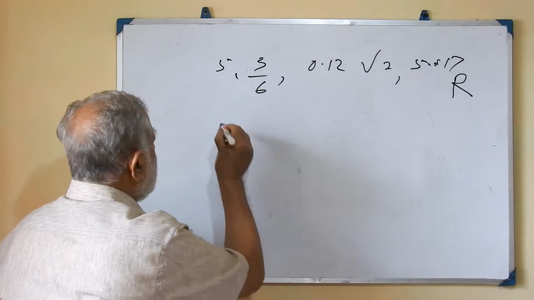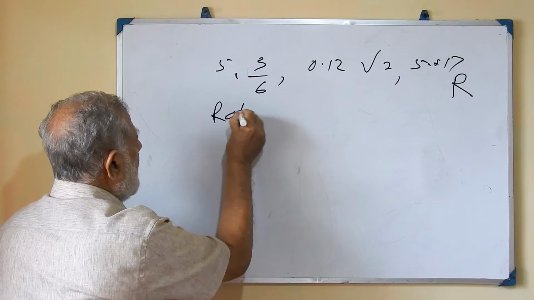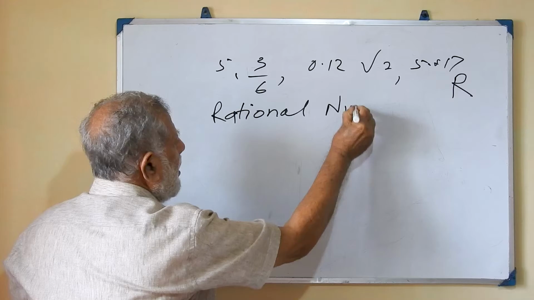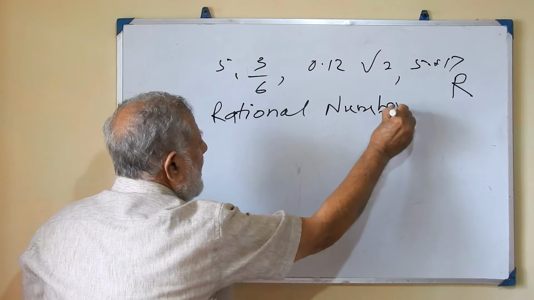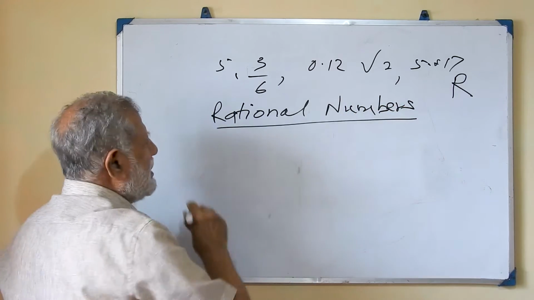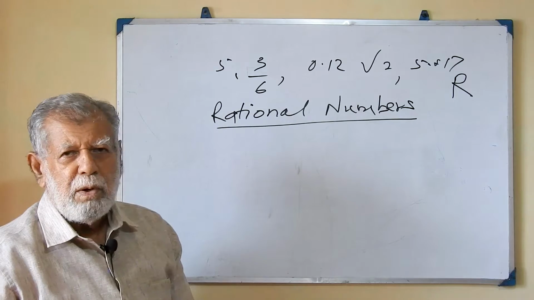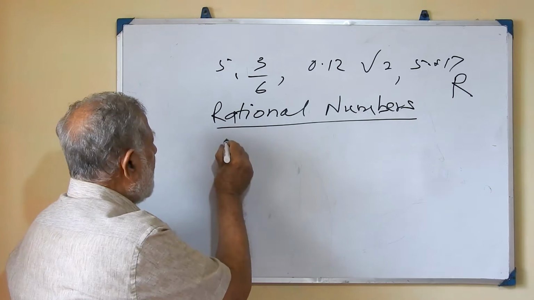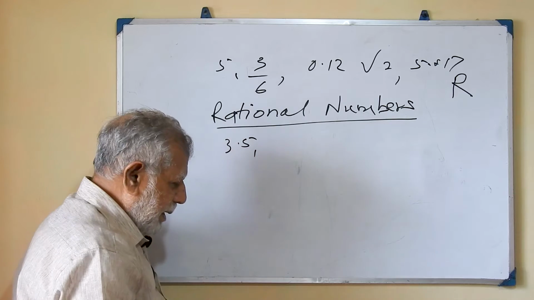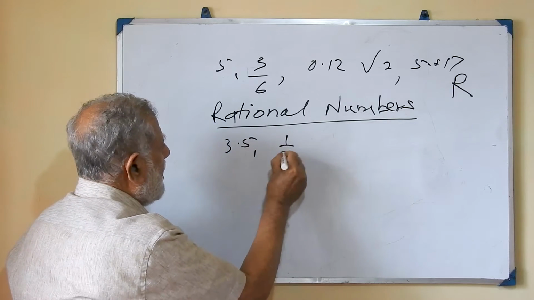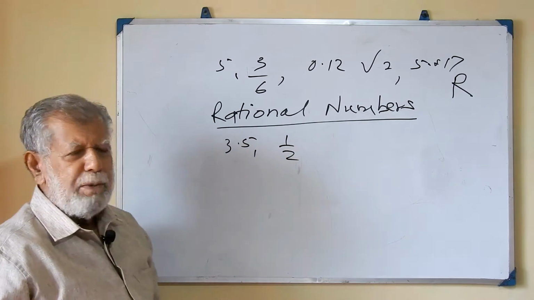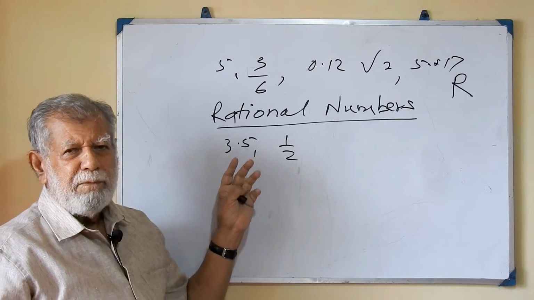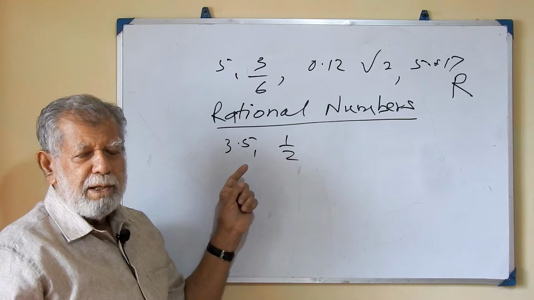Now, rational numbers can be easily identified because they can be turned into a fraction. For example, 3.5 is a rational number. Half is a rational number, because 3.5 we can convert with two whole numbers, numerator and denominator.